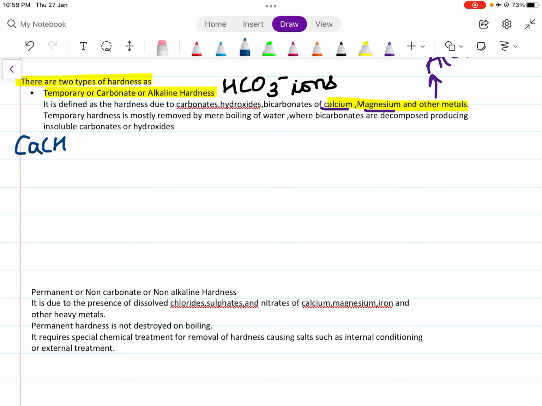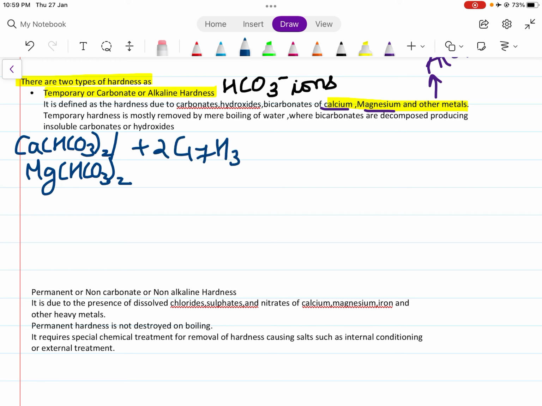We have calcium bicarbonate or magnesium bicarbonate, and we are reacting it with the sodium salt of stearic acid. This is sodium stearate.